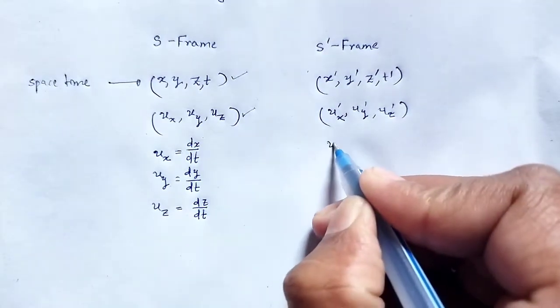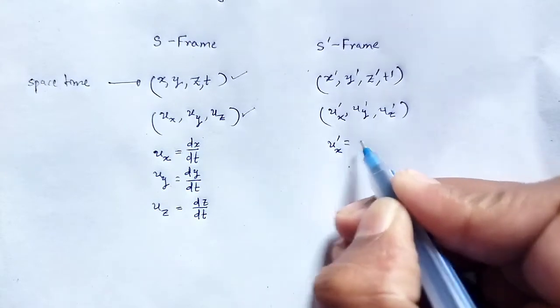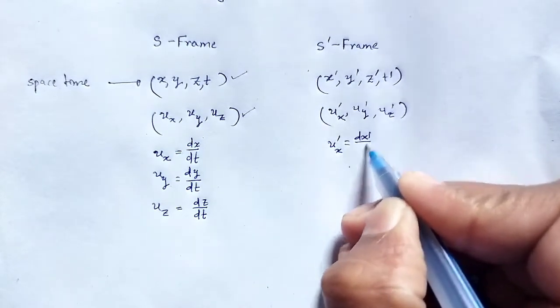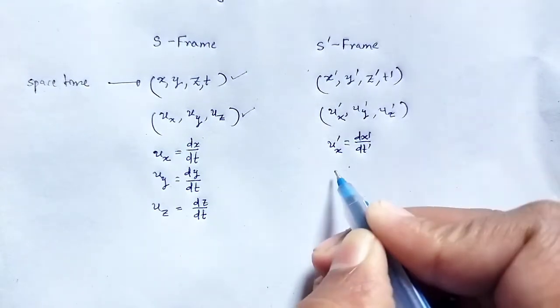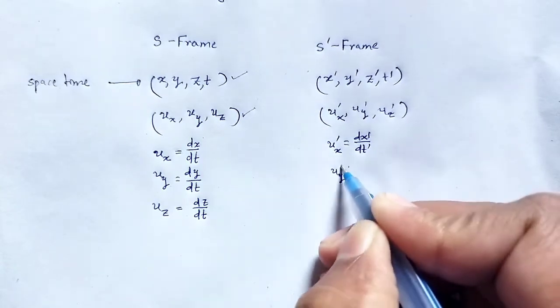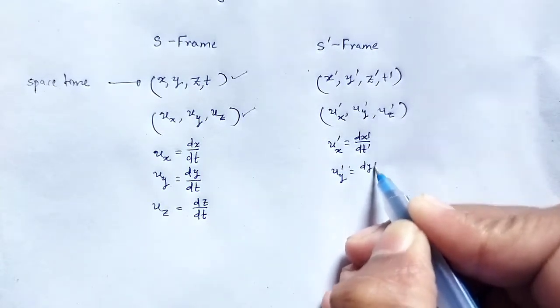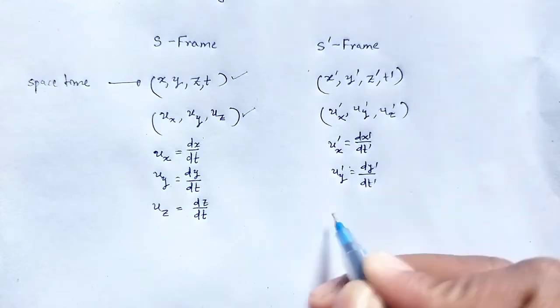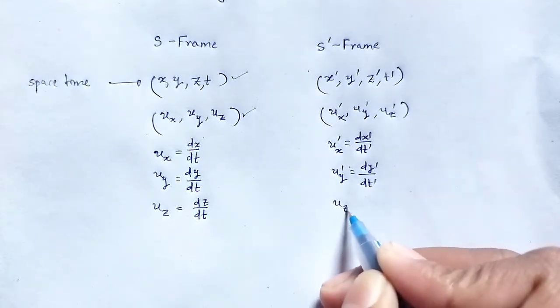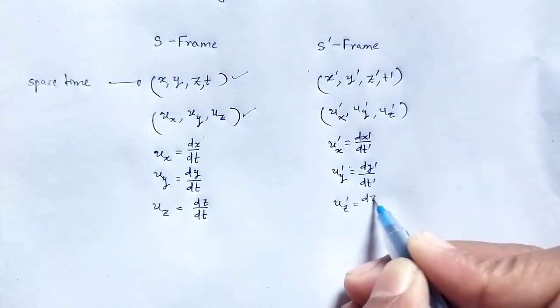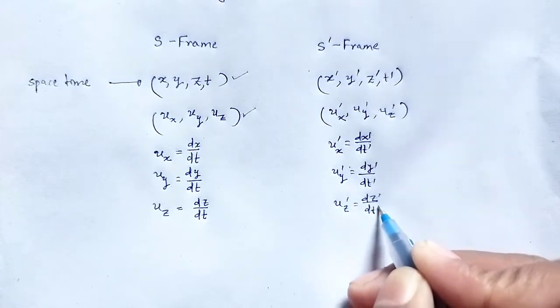Again here ux dash is dx dash by dt dash, uy dash is dy dash by dt dash, uz dash is dz dash by dt dash.